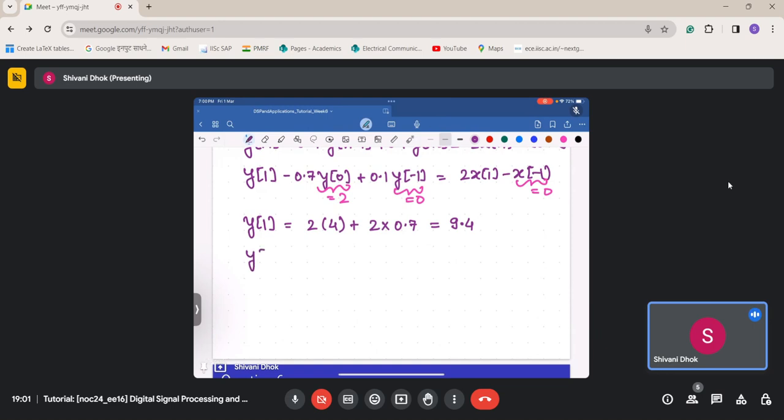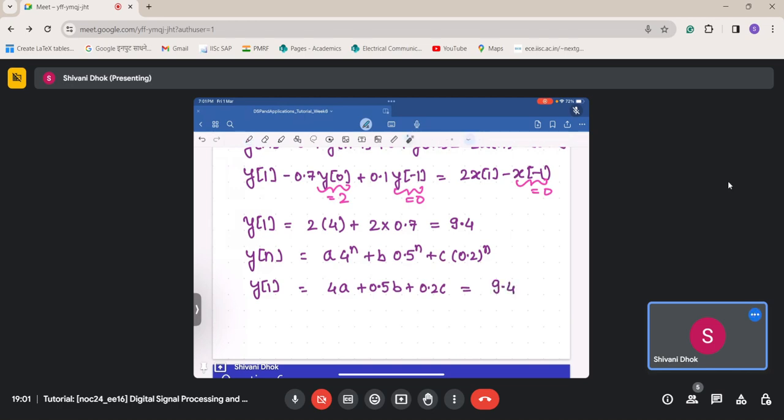Now we know that y of n is a into 4 to the power n plus b into 0.5 to the power n plus c into 0.2 to the power n. So y of 1 will be 4a plus 0.5b plus 0.2c, which is equal to 9.4, which we had just found out. And the value of A we had found out earlier.